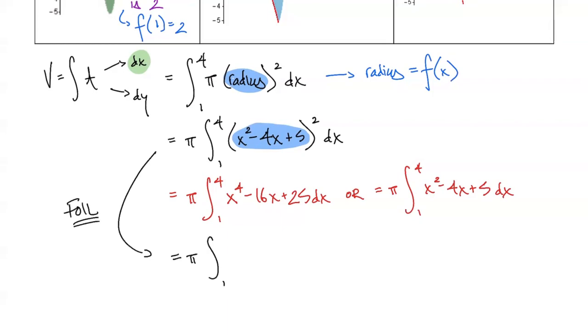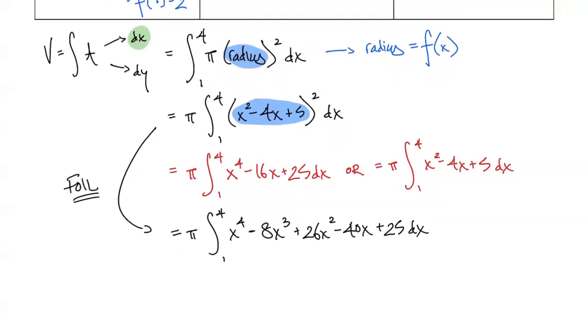And when we do that, we end up with x to the fourth minus 8x cubed plus 26x squared minus 40x plus 25 dx. That should be correct. So I'll give you a few moments to maybe finish FOILing that out and see if we can confirm that.